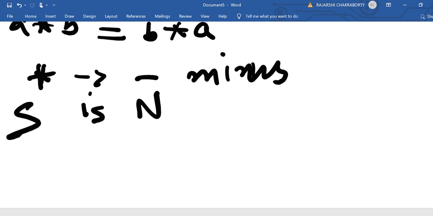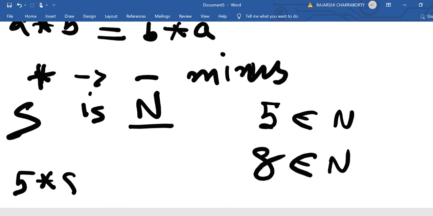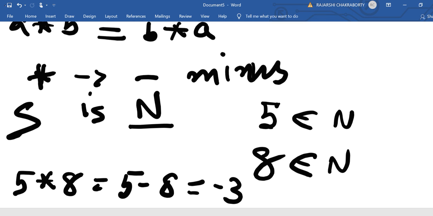Let's check it. Take two numbers in N, say 5 and 8. Both of them belong to N, and 5 star 8 would be 5 minus 8, which is minus 3, so the closure does not hold.